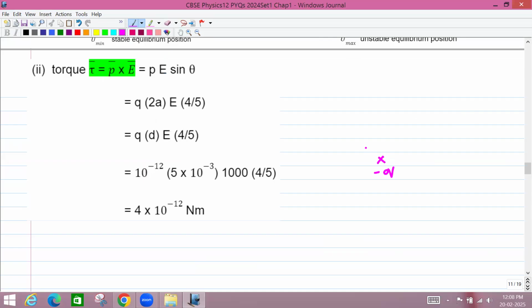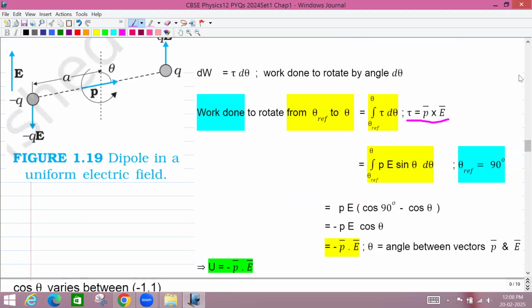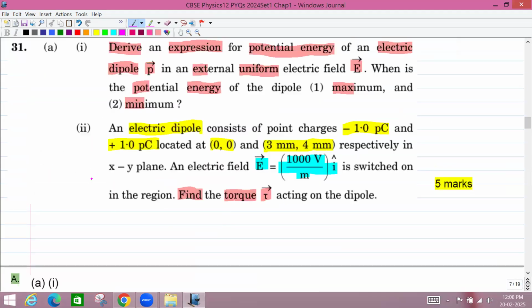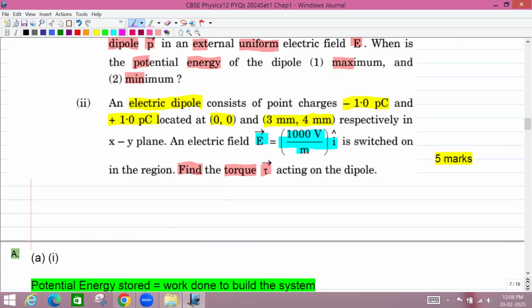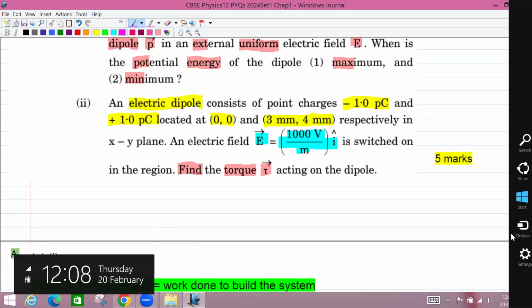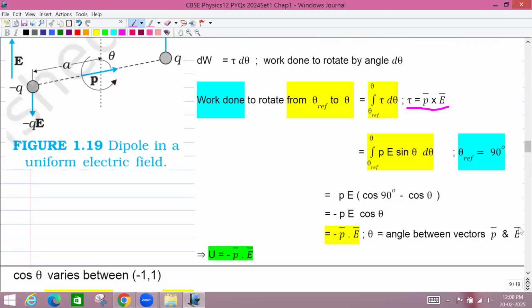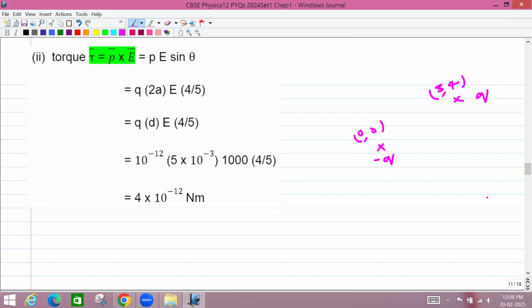So minus Q is at the origin 0, 0, and plus Q is somewhere here. It's at 3, 4 in mm. Okay, so the distance between the two, minus and plus, it's 5 mm.